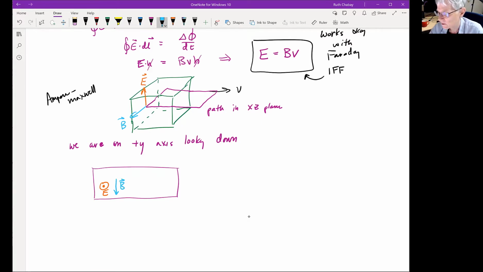Imagine that you're on the plus Y axis looking down at this path, and this is what you're going to see. So we have here our axes, X, Z, and plus Y. In this region, n hat is of course in the plus Y direction.